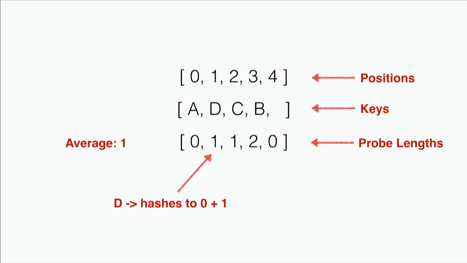So we look up D, and it hashed to 0, remember. But we just add the average probe length to it, and that's the first position that we look at. In this case, we found it. In the case where we didn't have a match, you fan out both right and left in the different probe distances until you find your match.